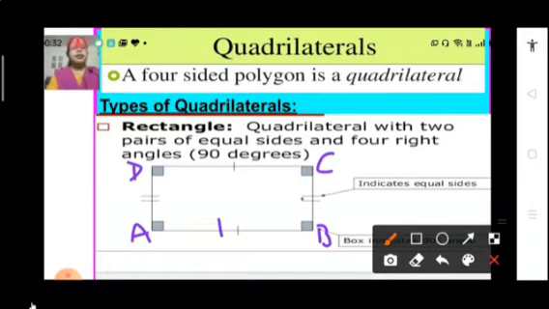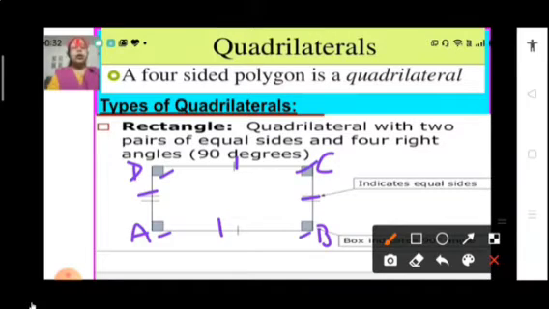AB, BC, CD and DA. These are 4 sides of the quadrilateral. And what are the 4 angles? They are angle A, angle B, angle C and angle D.